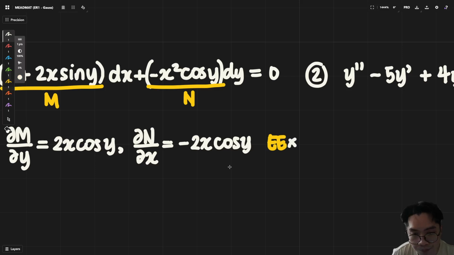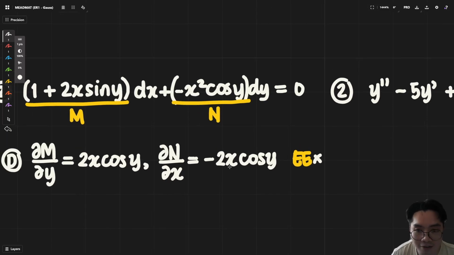Actually, no. This thing cannot be part of the exact equations, or you cannot do the same procedure because they are not, by the word, exact. There is a technique called unexact equations. I will not go into that, but there is a technique.